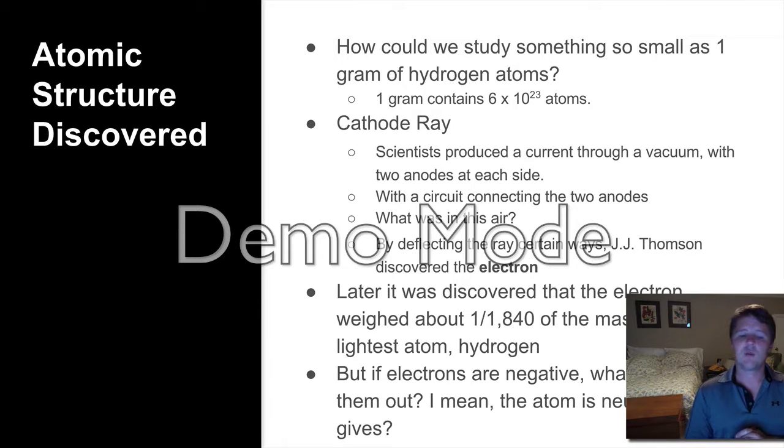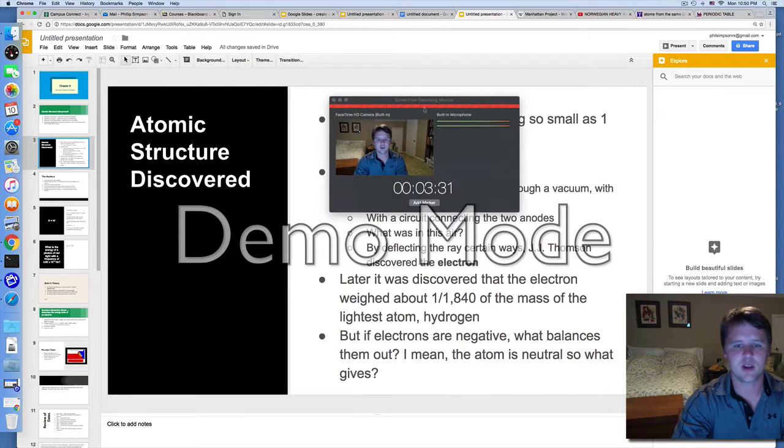What the cathode ray was, a positive and a negative terminal set up in a vacuum, so that I really just need to pull up a picture of a cathode ray.